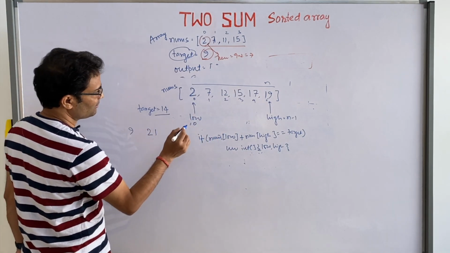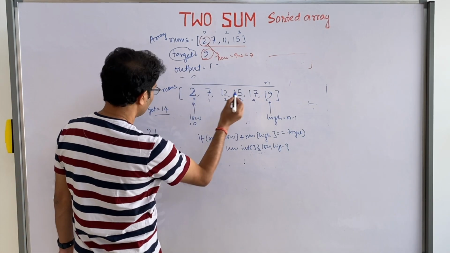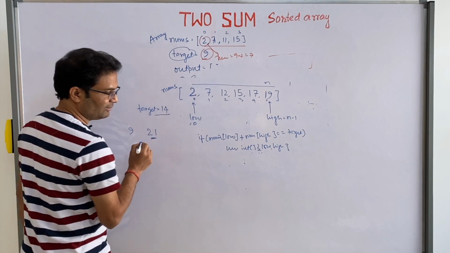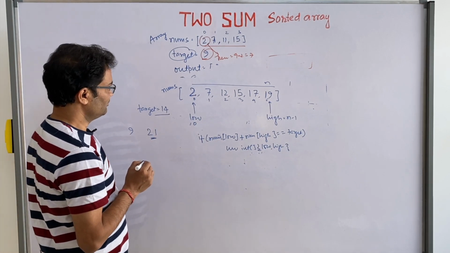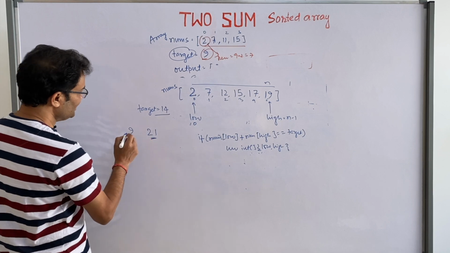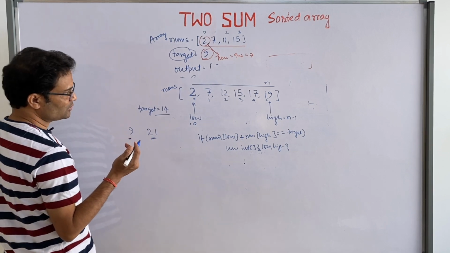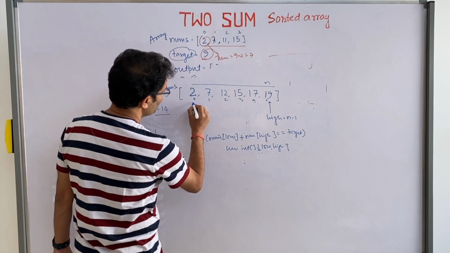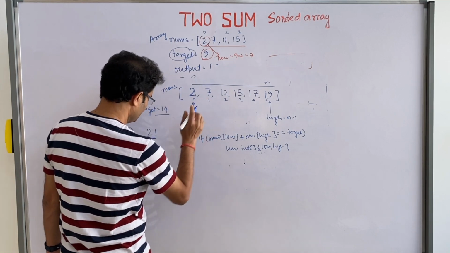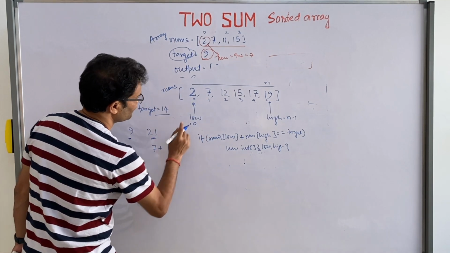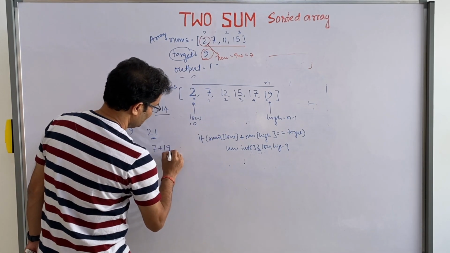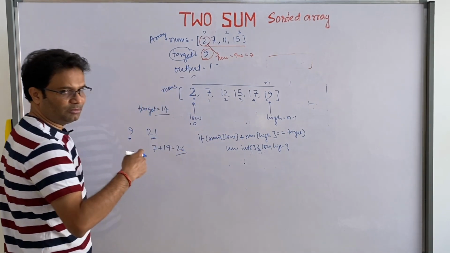Right now you are on 2 and 19, so the sum is 21, but you need 9. If you move 2 to 7, then 7 plus 19 becomes 26, so it will increase.